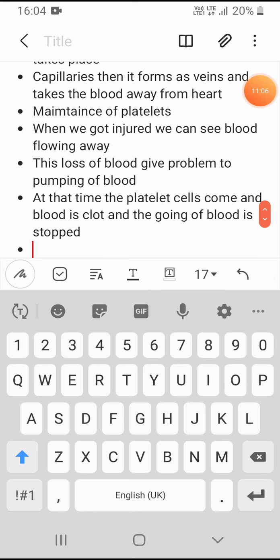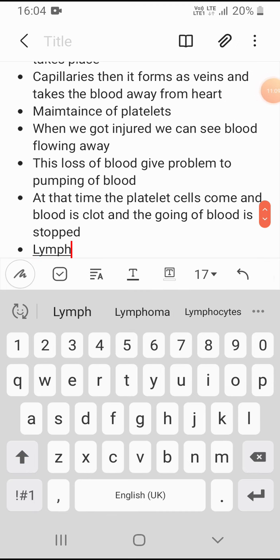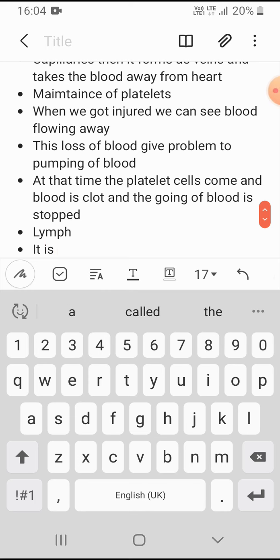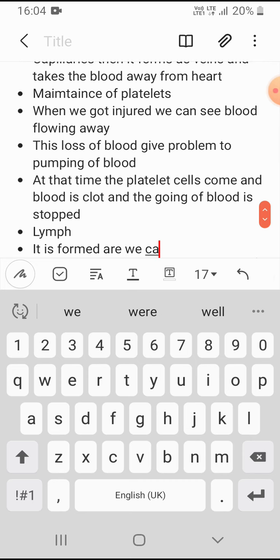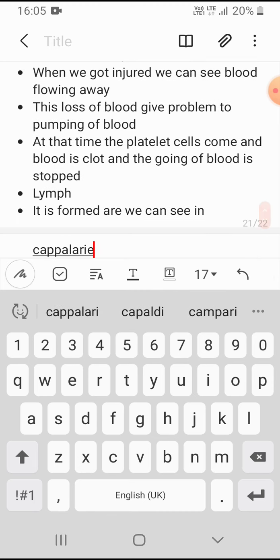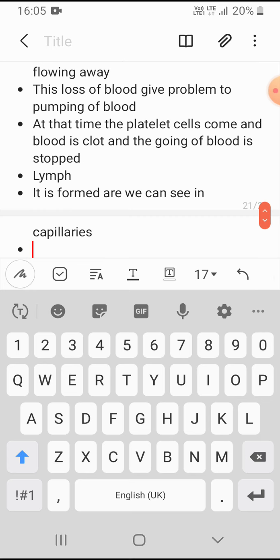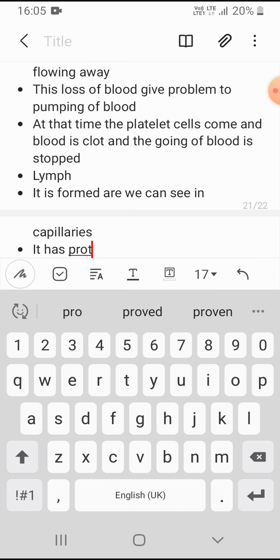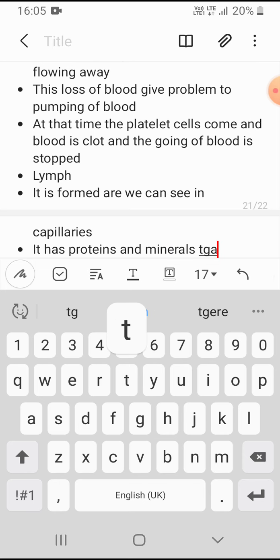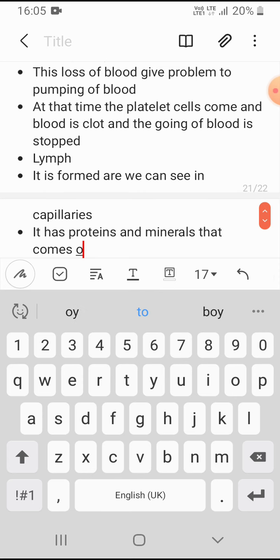After that, we can see lymph. Lymph is formed from some protein and minerals that come out from the capillaries.